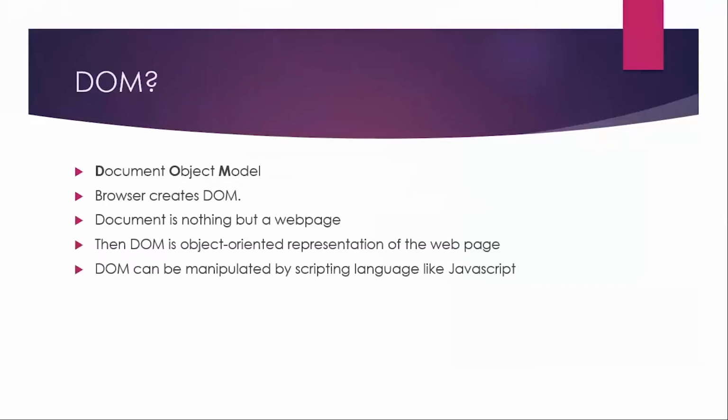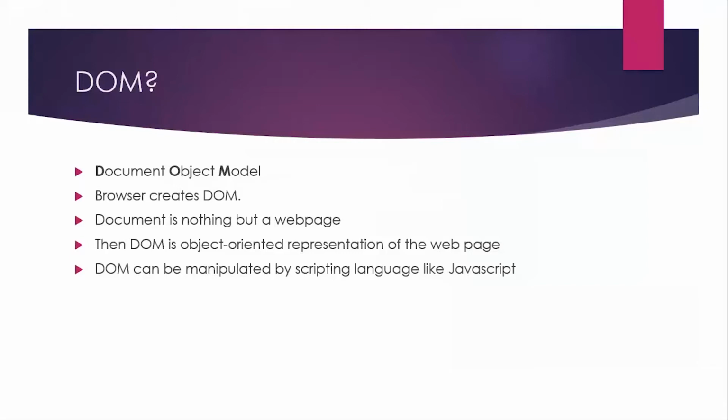Next, go to the DOM. What is DOM? Yes, DOM is document object model. When a web page is loaded in the browser, the browser creates a DOM, an object representation. Document, what is document? Document is that web page, and DOM is the object oriented representation of the web page.